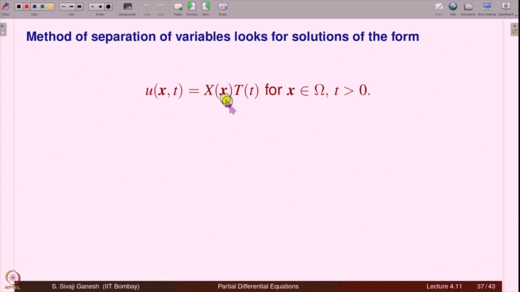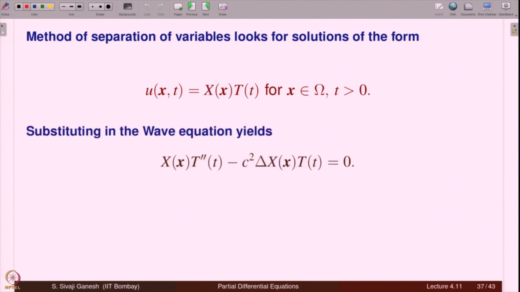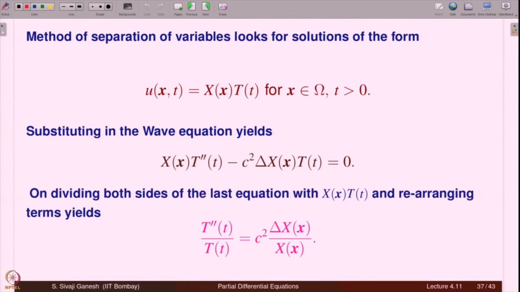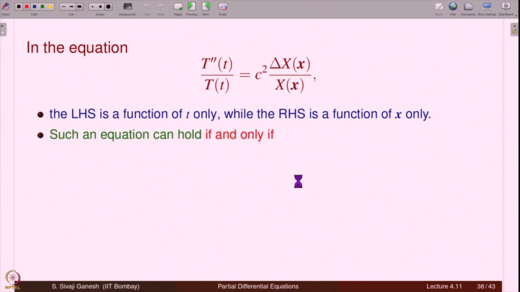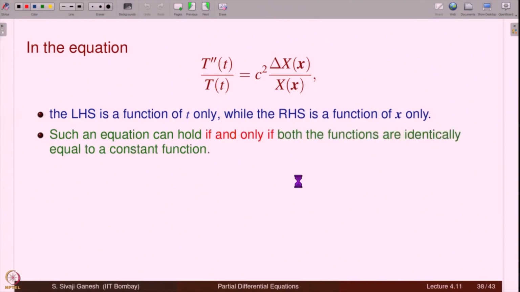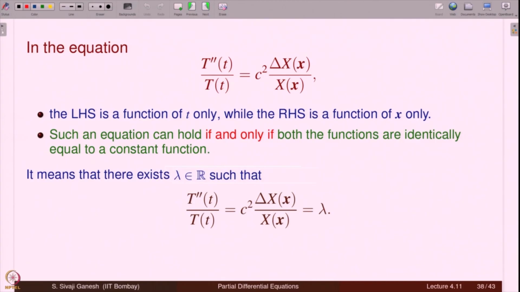So, try a separated solution, substitute in the wave equation, you get this, and then divide by X(x)T(t), rearrange, you get this. Now the left hand side is a function of t and the right hand side is a function of x, therefore they must be constant functions, thus giving rise to an ODE and a PDE.